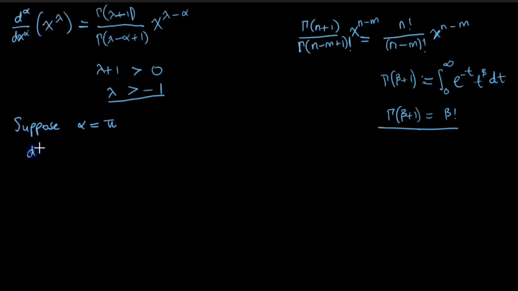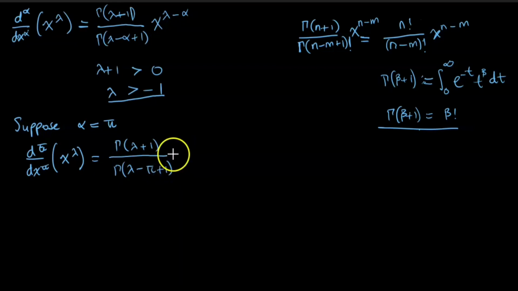Well, the pi-th derivative with respect to x of this power function, x raised to the power of lambda, where lambda is greater than -1, will be gamma of lambda plus 1 divided by gamma of lambda minus pi plus 1, times x raised to the power of lambda minus pi. So maybe let me use red for that.